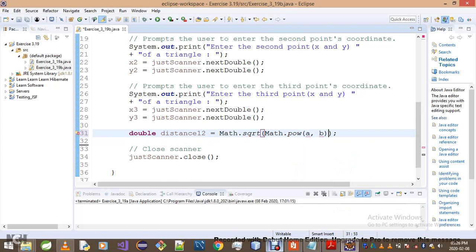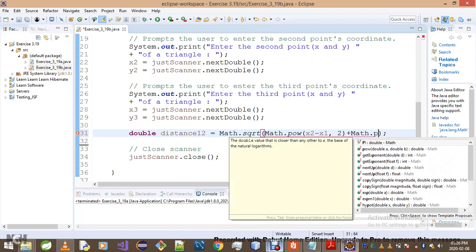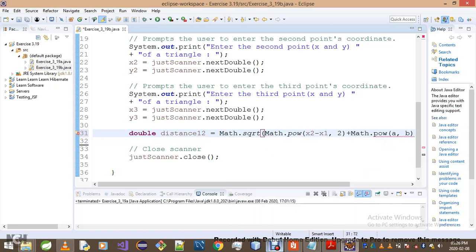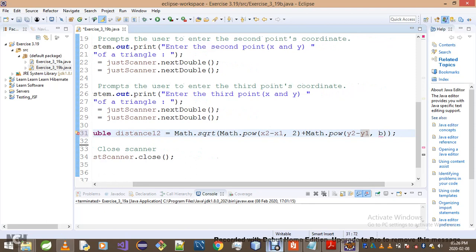We'll simply use the power function: we have x2 minus x1, and then we put a 2 here, and then we add that with method power y2 minus y1, and then we put a 2, and take the square root of that.